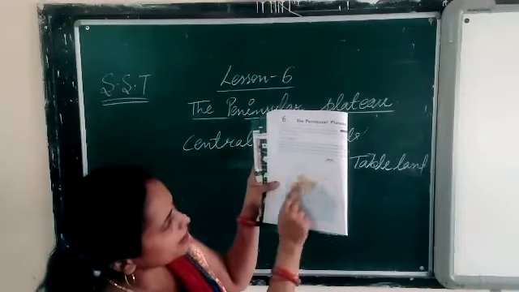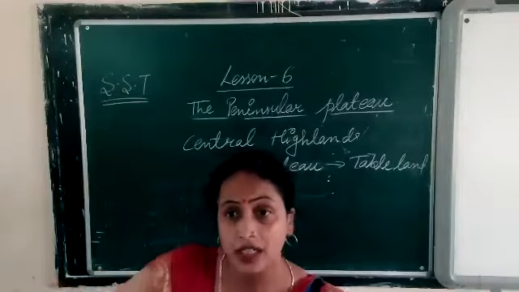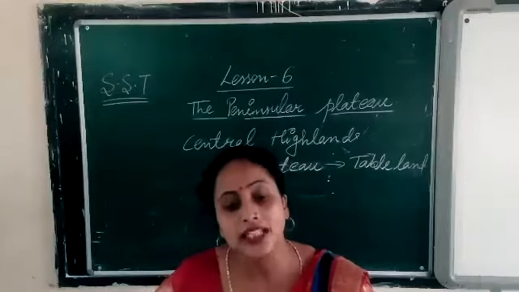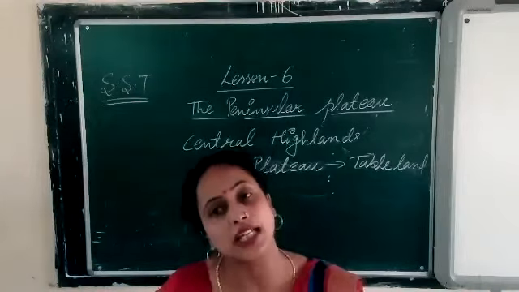Clear? Okay. It is bounded by the Aravalli Hills in the northwest. Which hills are there in the northwestern part? Aravalli Hills. And the Vindhyas and Satpura Hills in the south. Which hills are in the southern part? Vindhya and Satpura Hills. Okay. When you see the map, it will be more clear to you where these hills are situated.